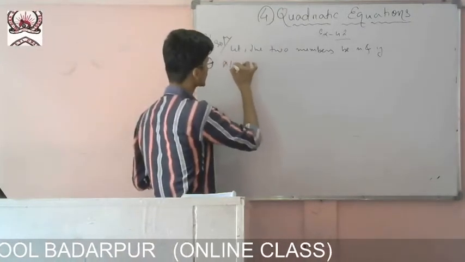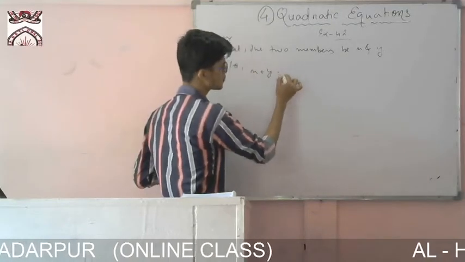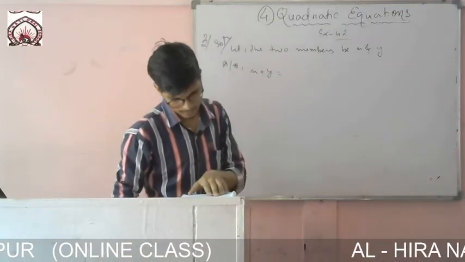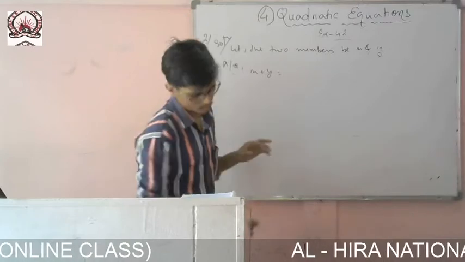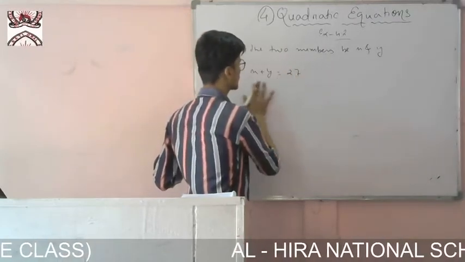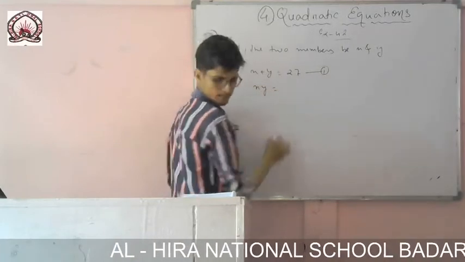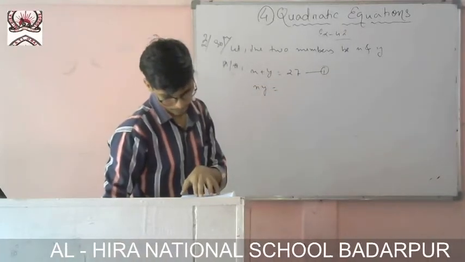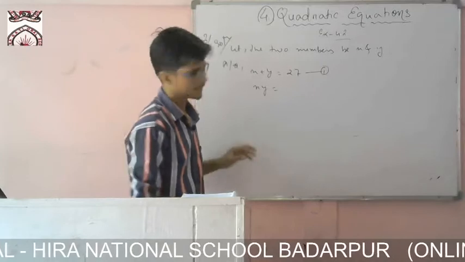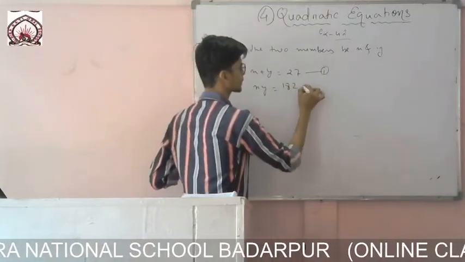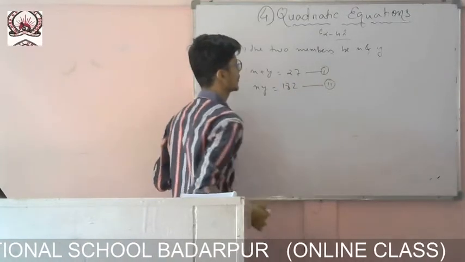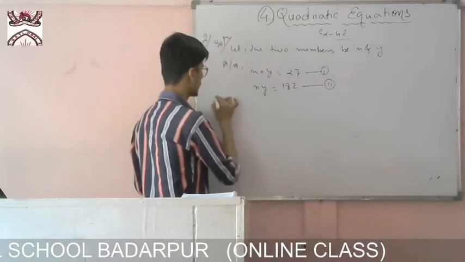So according to the question, I can write x plus y is equal to 27, which is the sum given, and xy equals 182, the product given.